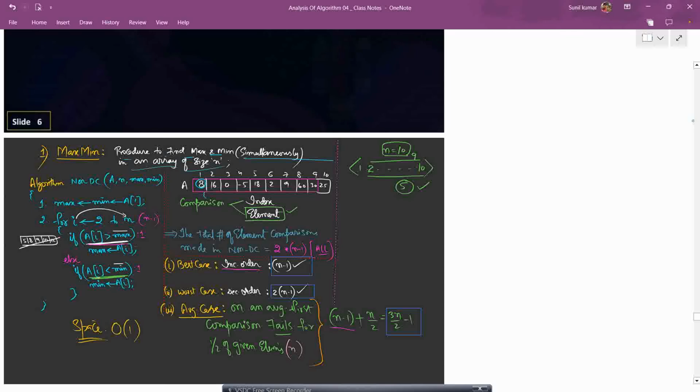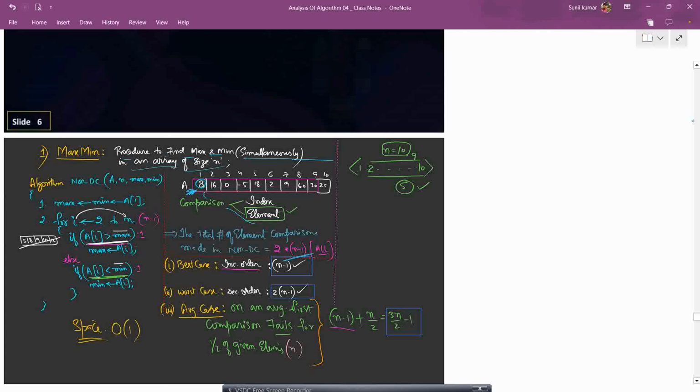So the non divide and conquer approach would be: we select an element, and the total number of comparisons made in the non-divide-and-conquer approach is 2 into n minus 1.